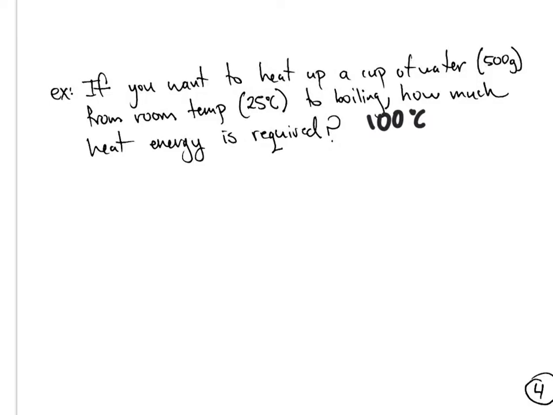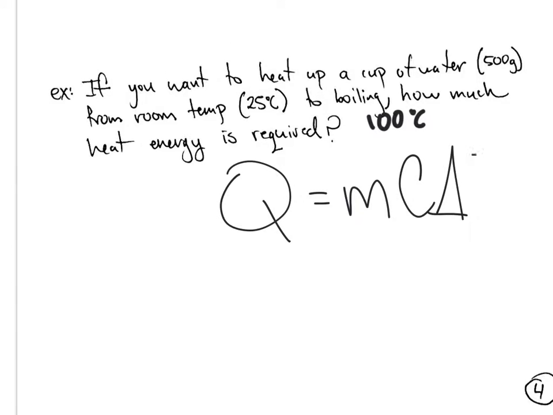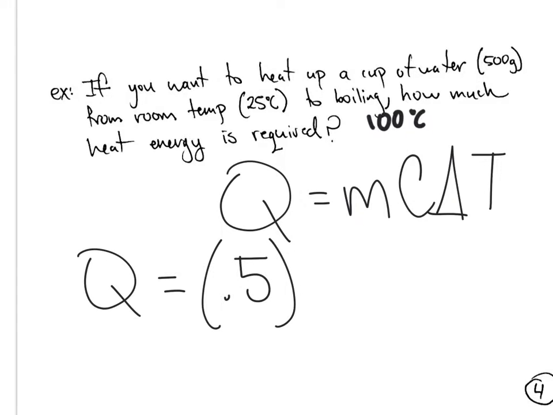So we are using our formula Q equals mc delta T, where Q is our variable, our heat energy that we're trying to find, and we have half a kilogram, so the mass of water being heated up is half a kilogram.